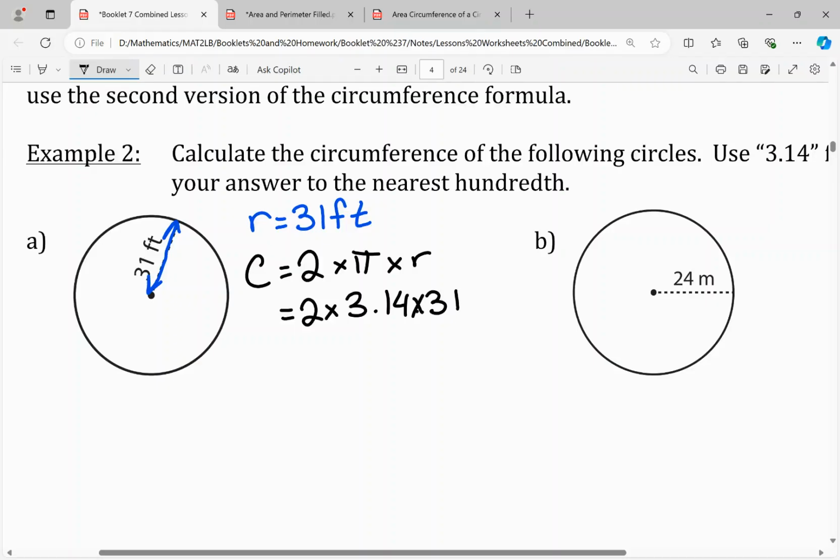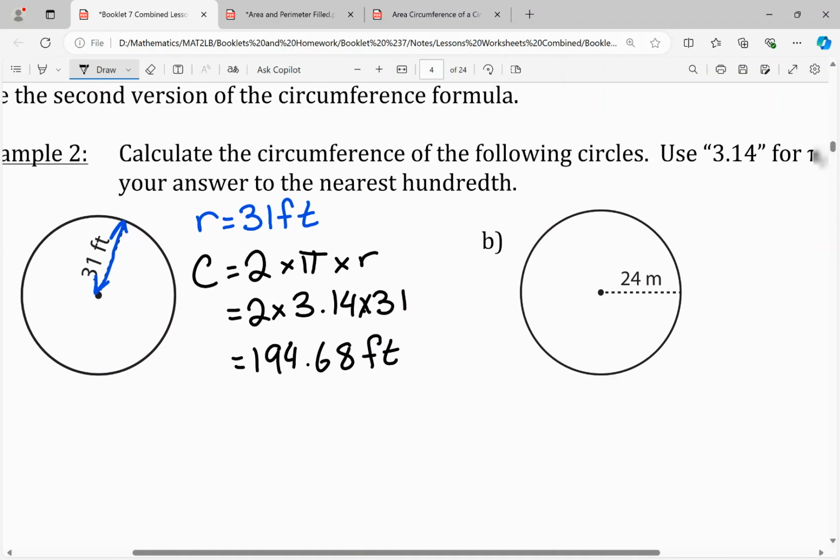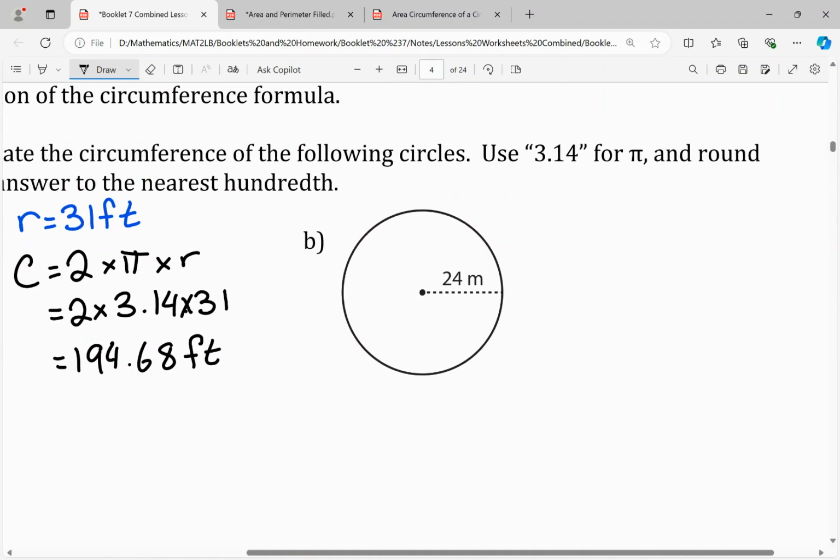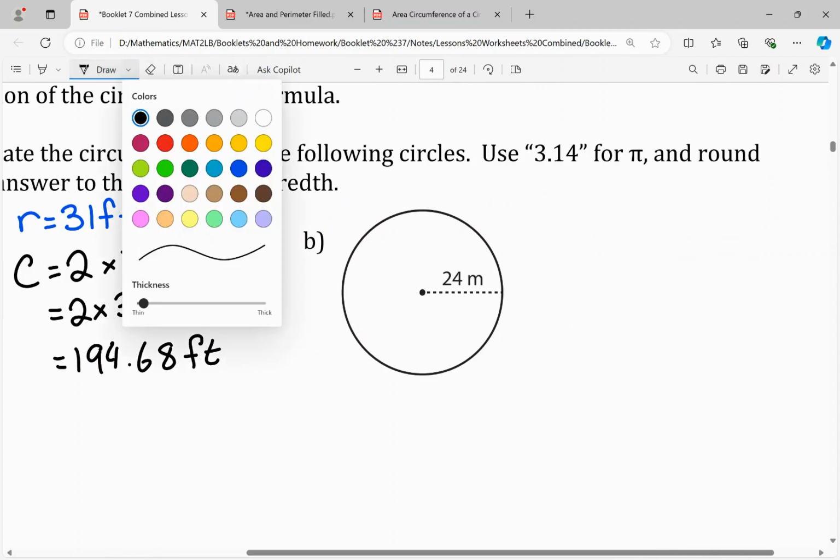Plug that into a calculator, 2 times 3.14 times 31, and we get an answer of 194.68, and we're talking about feet here. Again, they ask us to round to the nearest hundredth, but we don't need to because we only go as far as the hundredths.